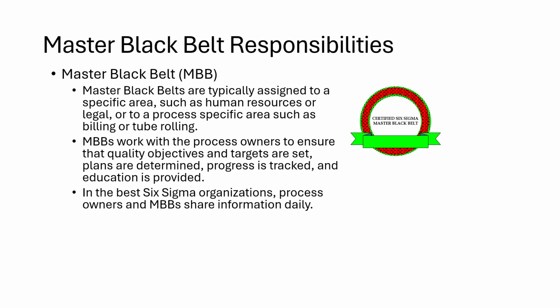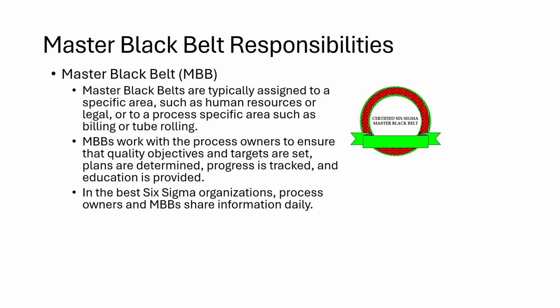This is not set in stone. I've seen entities where Master Black Belts are more like teachers or more like coaches, and they go throughout the organization training people on Lean Six Sigma and helping to do the training and the teaching, so other professionals can become black belts and actually complete the projects.